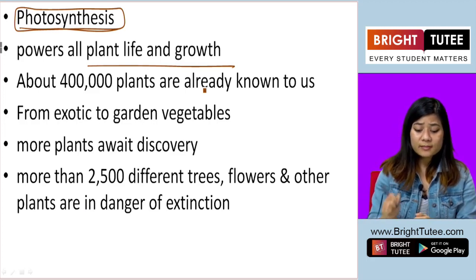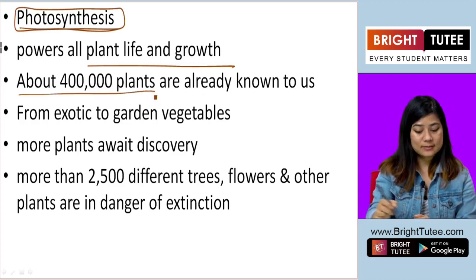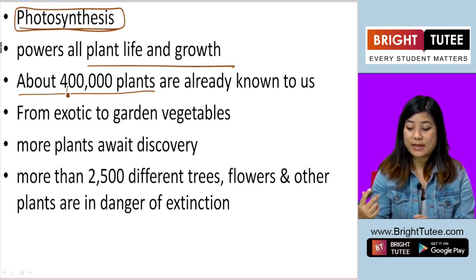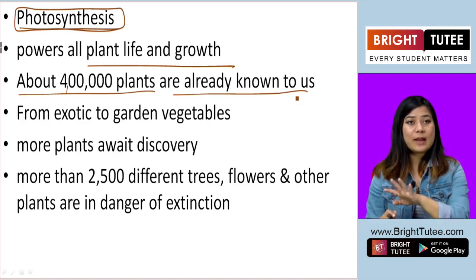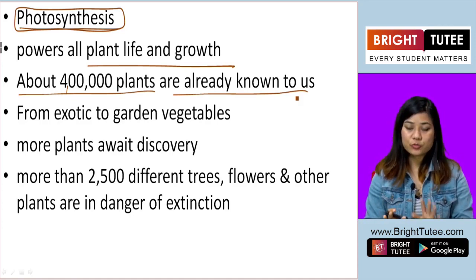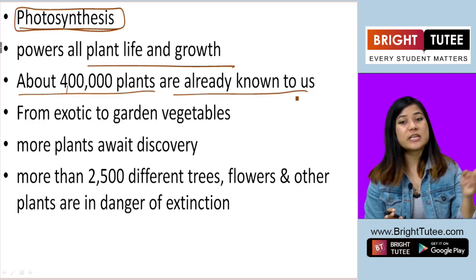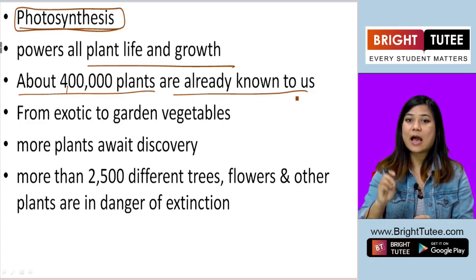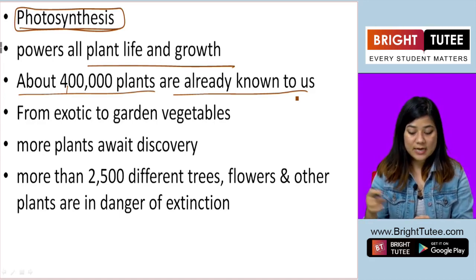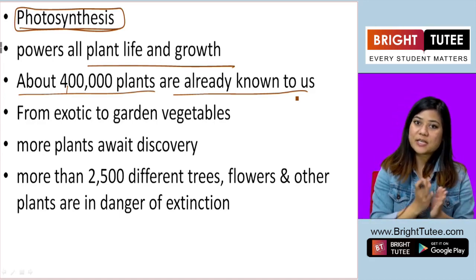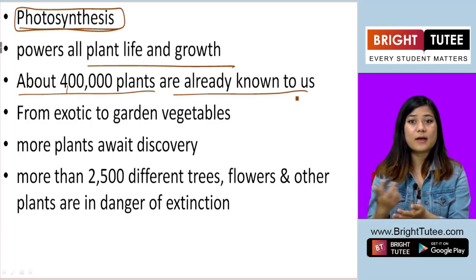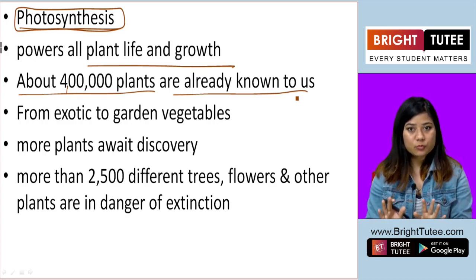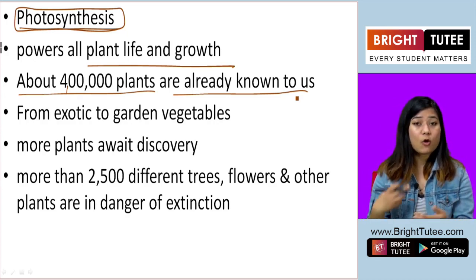There are about 4 lakh plants, 400,000 plants, that are known to us. So the plants that you see around you, just take a look and try to name them. You try to see how many of them you are aware of and how many you're not aware of. You'll always see there are some that you know about, some that your friends or teachers or parents know about, and others which nobody knows about and cannot tell the name or anything about.